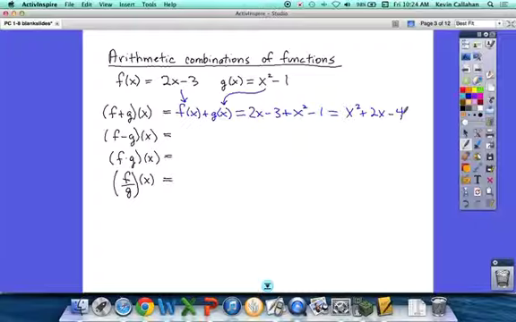So the f minus g, same thing. Write it as f of x minus g of x. And then substitute for the f of x and the g of x. Make sure, because we've got two terms in g of x, both of them are being subtracted. Both of their signs will be opposite.